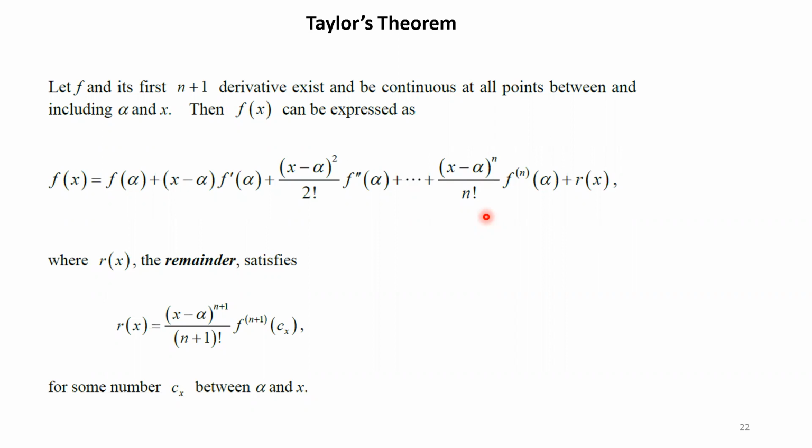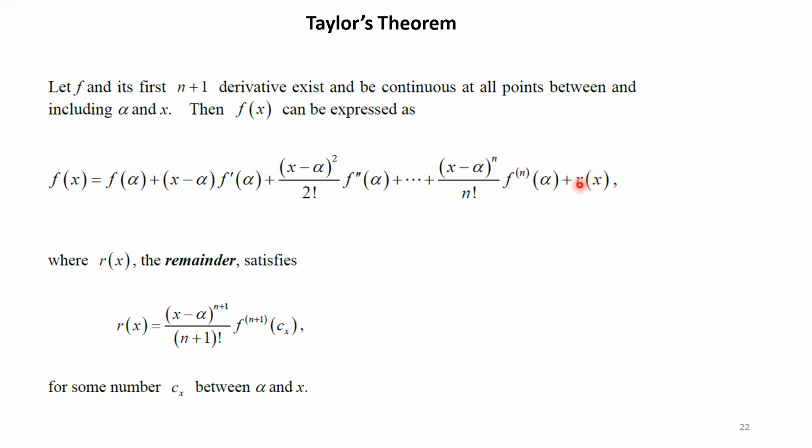So the Taylor theorem tells us that this function over here can be expressed as an nth order Taylor polynomial plus some function.